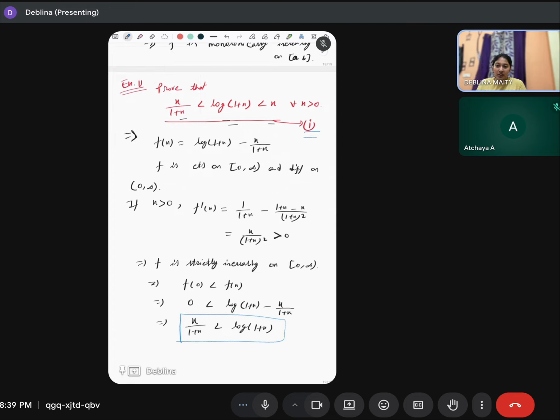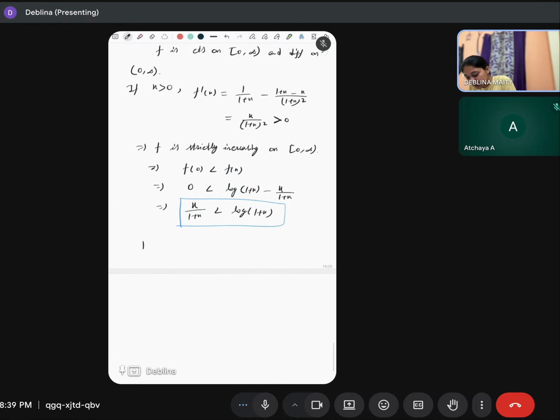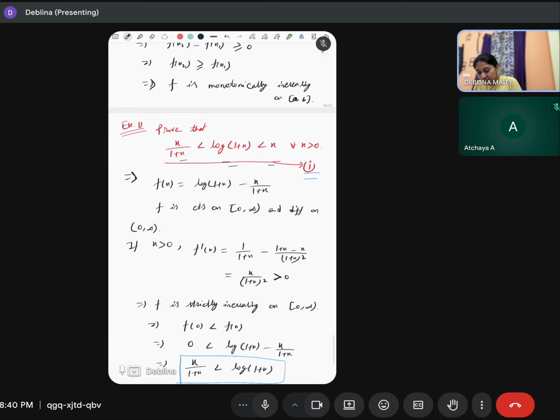Now for the right hand side, we again take the difference of those two, x and log of 1 plus x. So take g(x) equals x minus log of 1 plus x, where x is greater than or equal to 0.